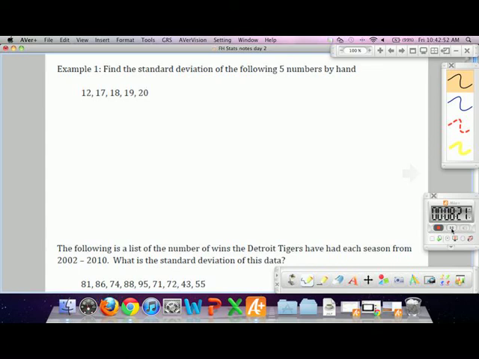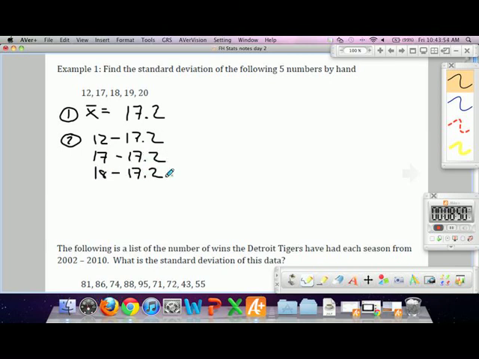First step, what do we have to do to find the standard deviation of those 5 pieces of data? Okay, so what's the mean? The mean is 17.2. What do we do next? Subtract from each piece of data. So the next step, we'll take 12 minus 17.2, and 17 minus 17.2, and 18 minus 17.2, and 19 minus 17.2, and 20 minus 17.2.